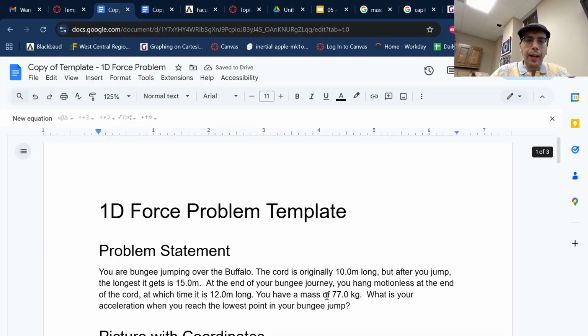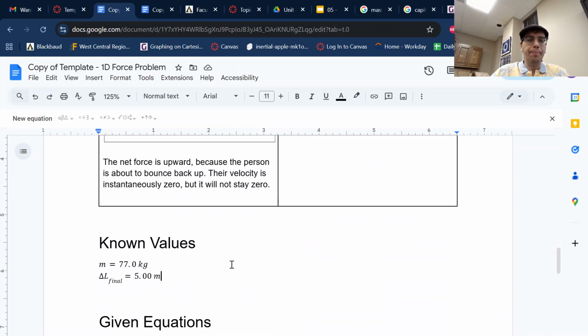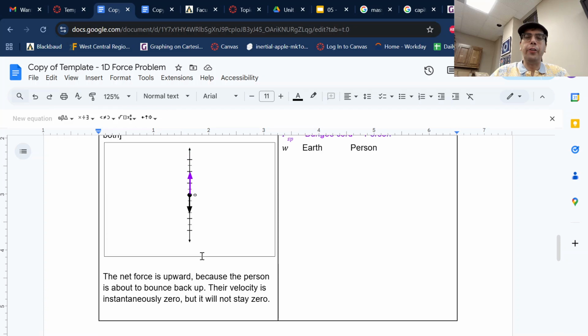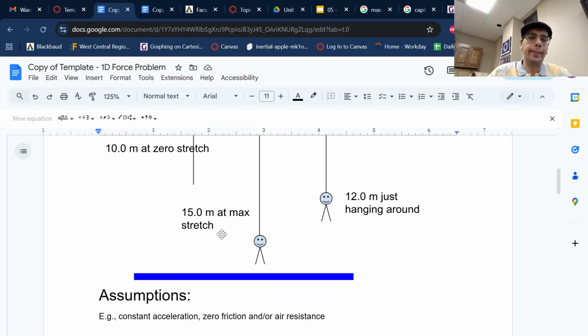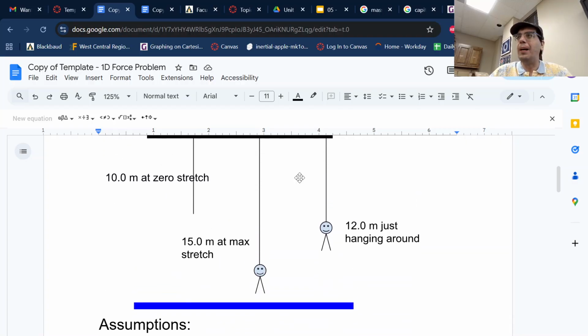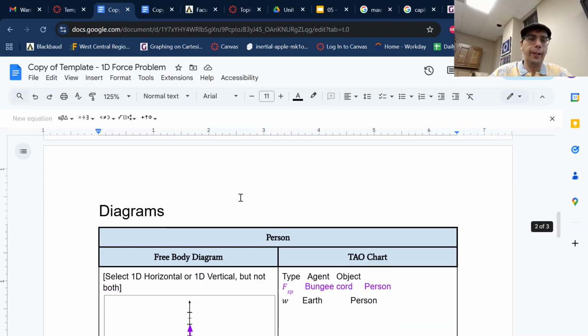That's because we're looking at the change in length compared to its normal, unstretched length. So we have the 15 minus the 10. That's how we got that.